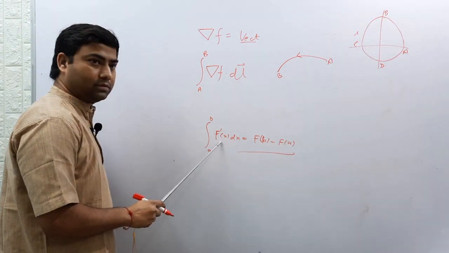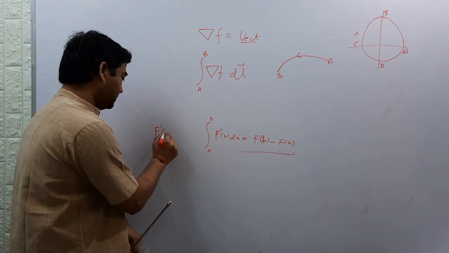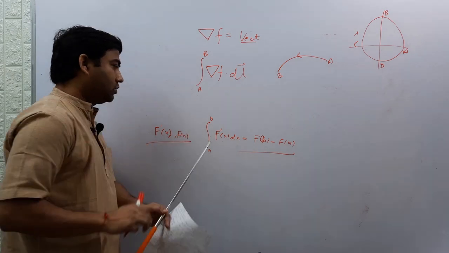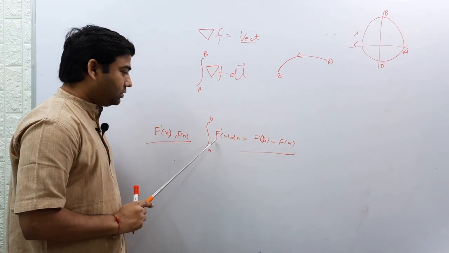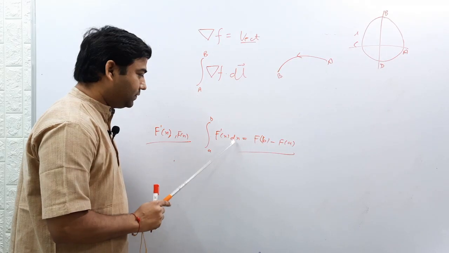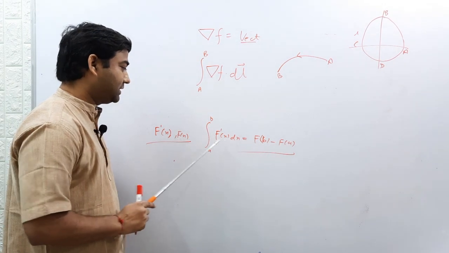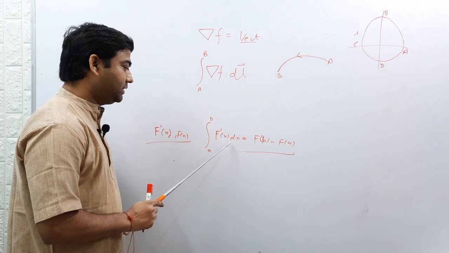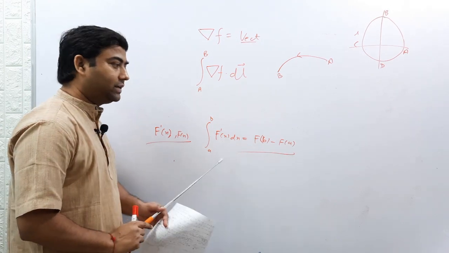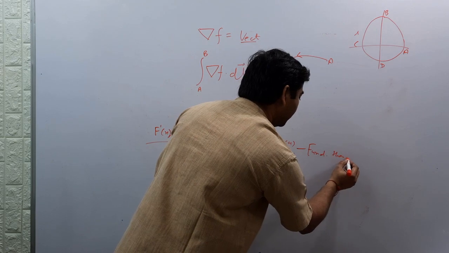Here f dash x is the derivative of the function f(x). So in normal calculus, to find the definite integration of a derivative, we must have the antiderivative, that is f(x). The antiderivative of f dash x is f(x), giving f(b) minus f(a). This is the fundamental theorem of calculus.